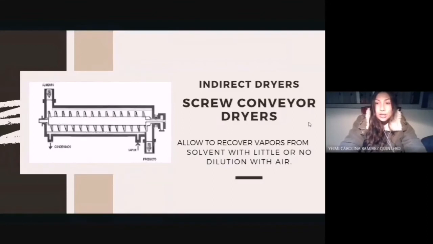In addition, it has deflectors placed on the discs themselves and on the drum, which have the dual mission of moving the product forward and preventing it from sticking to the walls. A screw conveyor dryer can treat solids that are too thin and too thick to operate with a rotary dryer. They are closed and allow solvent vapors to be recovered with little or no dilution with air. Next, please.